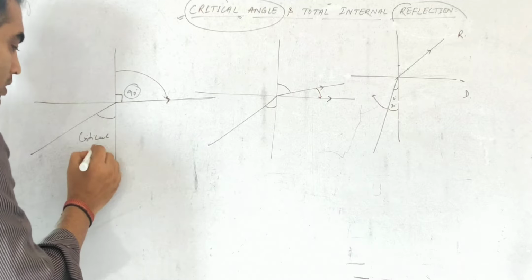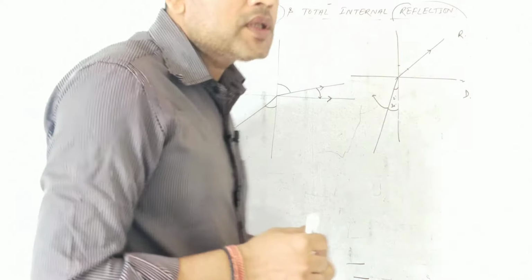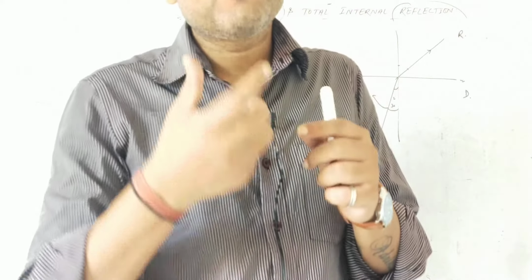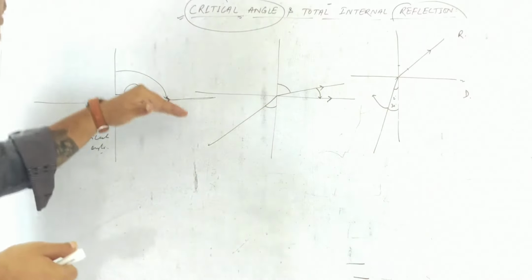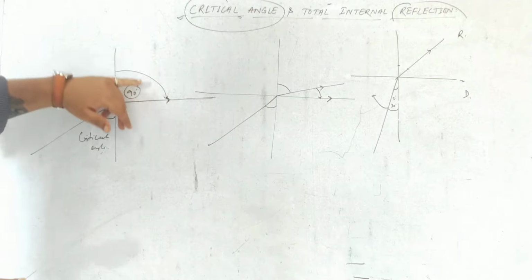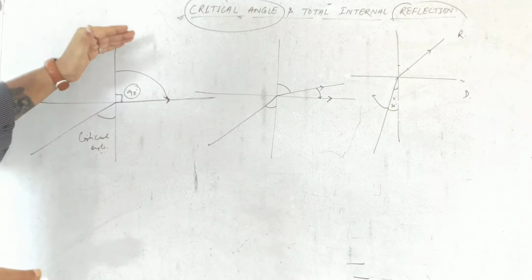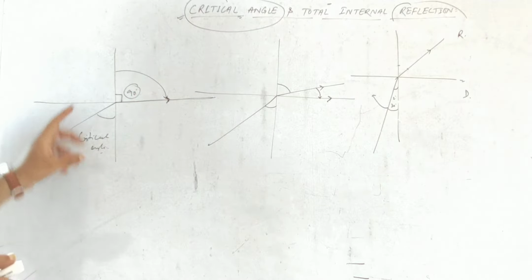Critical angle. We understand from this that as we gradually increase the angle of incidence, the angle of refraction will also increase, and finally it reaches a value equal to 90 degrees.